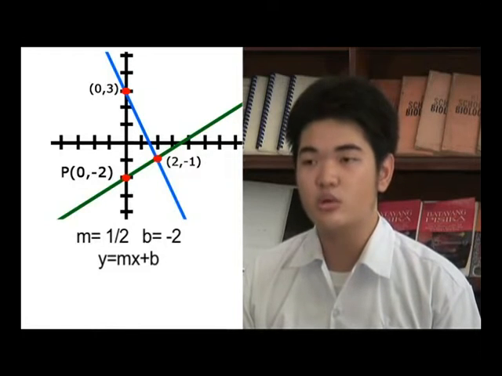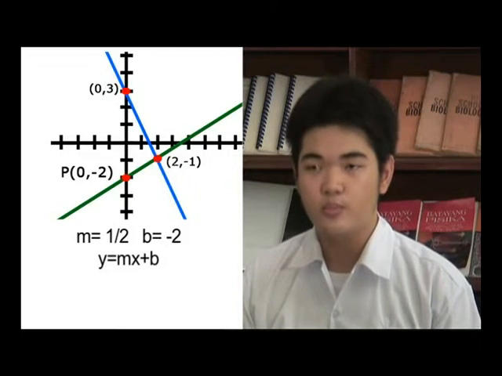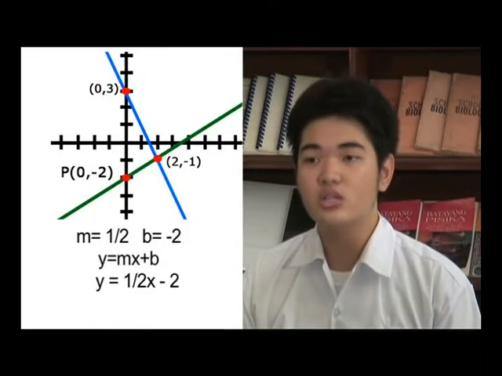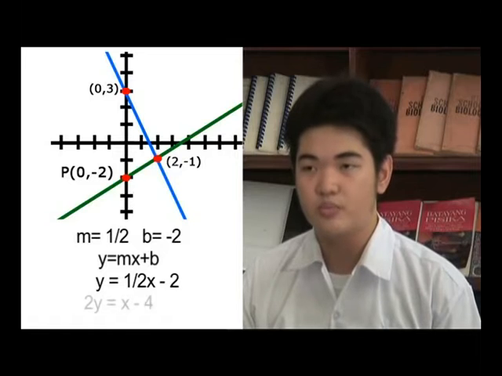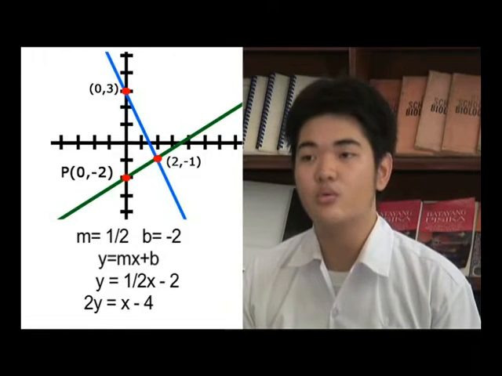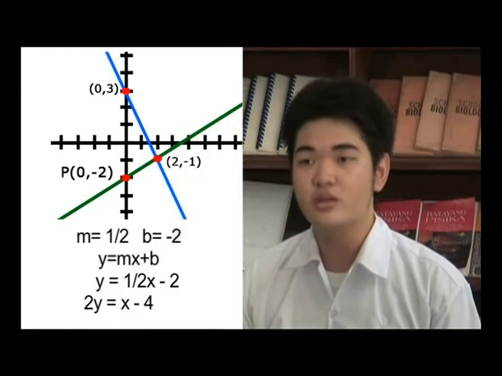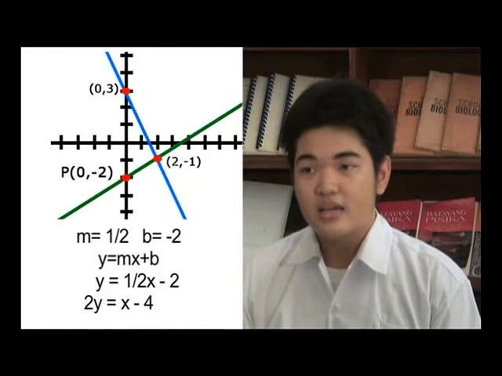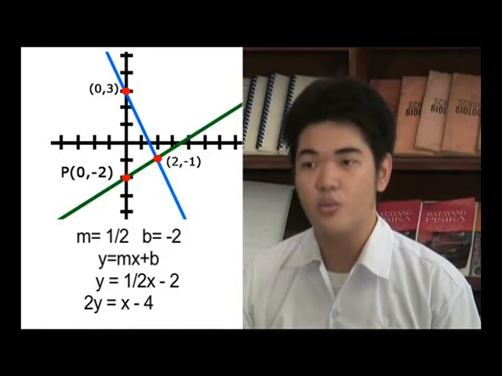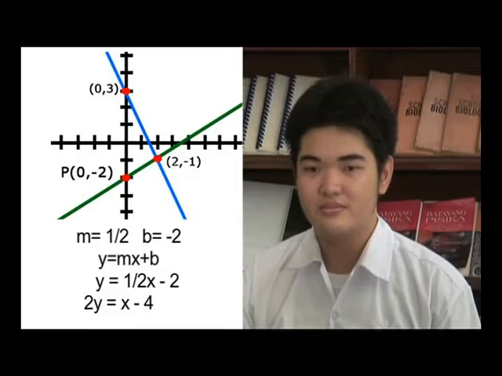Since the slope is equal to 1/2 and the y-intercept is equal to negative 2, we get y equals 1/2 x minus 2, or 2y equals x minus 4 if we remove the fraction. This equation is equivalent to the one obtained by Sen.